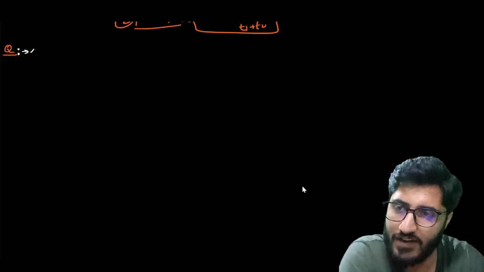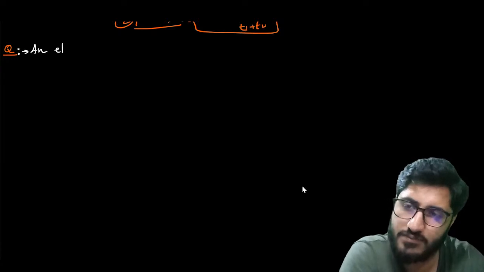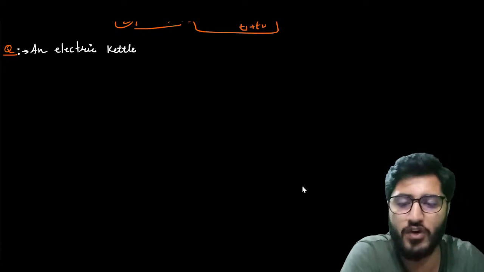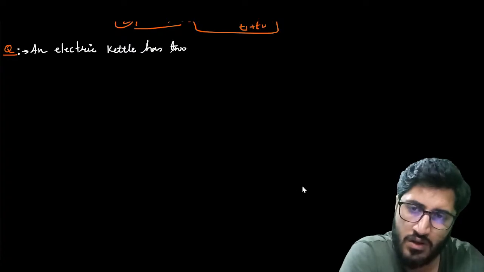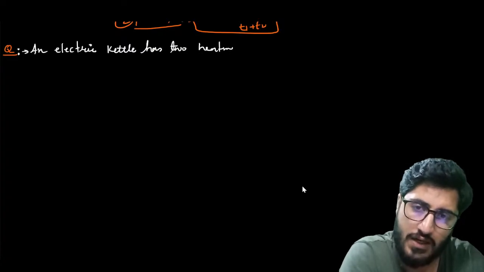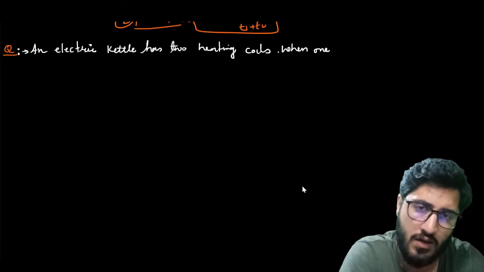It states that we have an electric kettle. You will see the language of your numerical. An electric kettle has two heating coils.